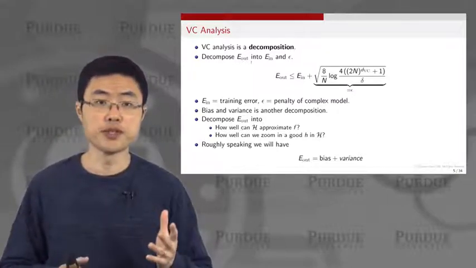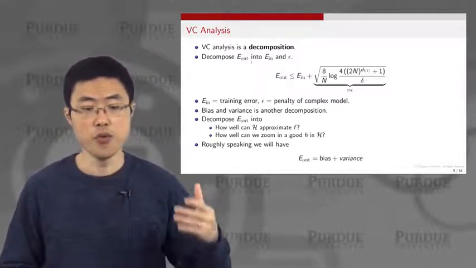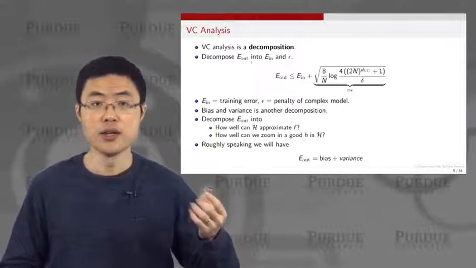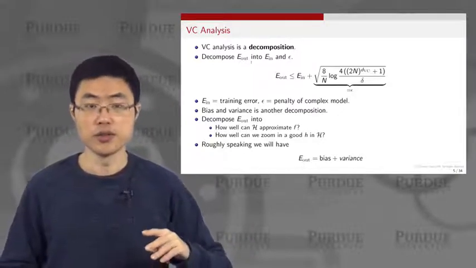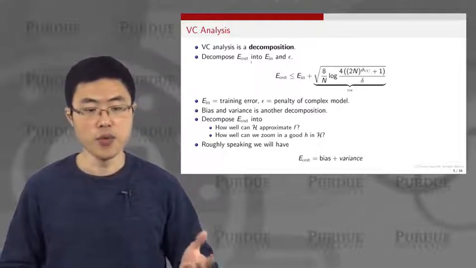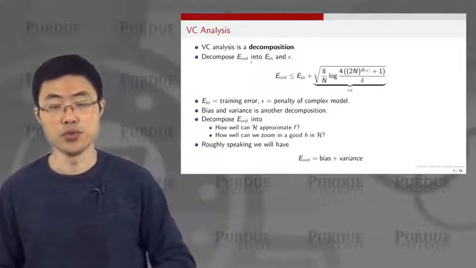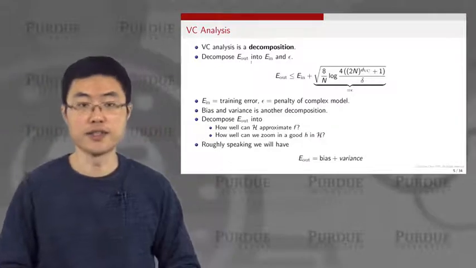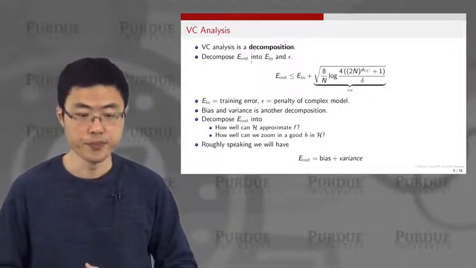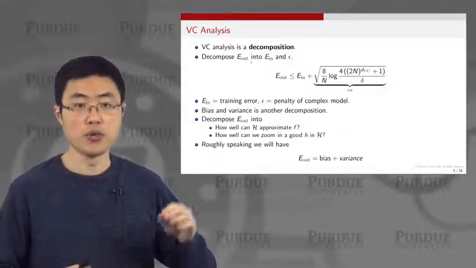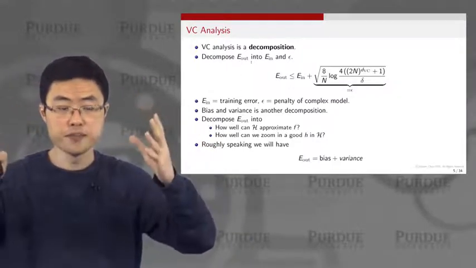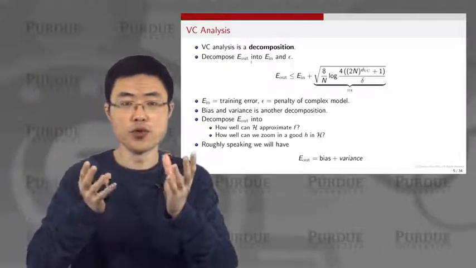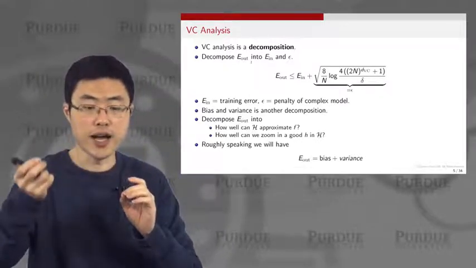It's trying to decompose the out-sample error into how well your hypothesis set can approximate your target function, and how well can we zoom into a good hypothesis in your hypothesis set. So what do we mean by zoom? Well, what we are going to do is that we want to look at the hypothesis set, and this hypothesis set, of course, we want to compare against the target function.